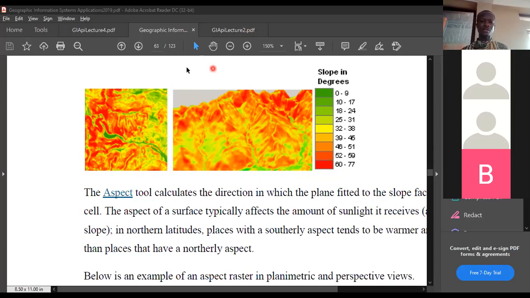If I ask you in the exam to show me areas where there's a risk of falling, it will be the red areas. A slope of 60 degrees looks more like this. This is 45, so it will be something like this, approaching 90. A slope of 0 to 9 is something like this.